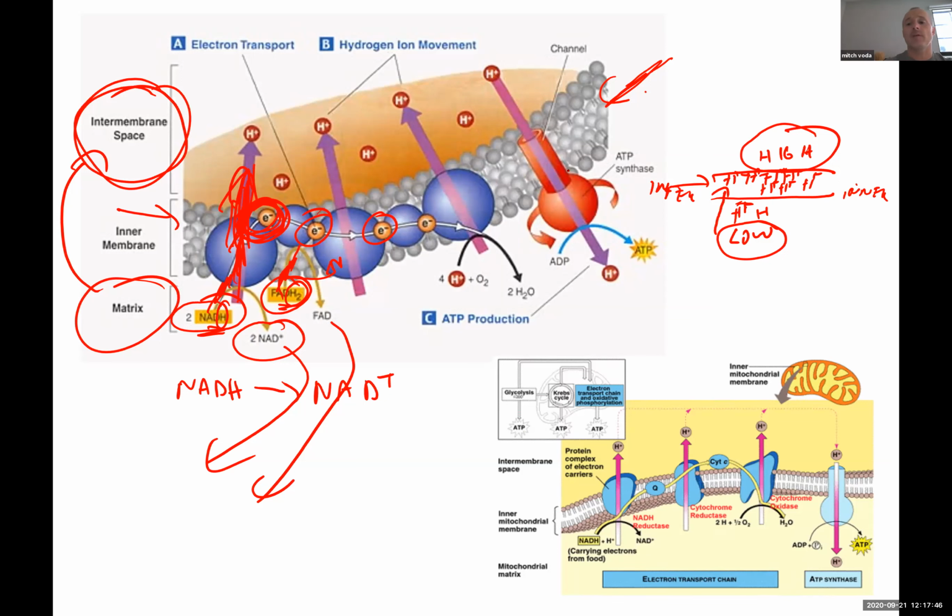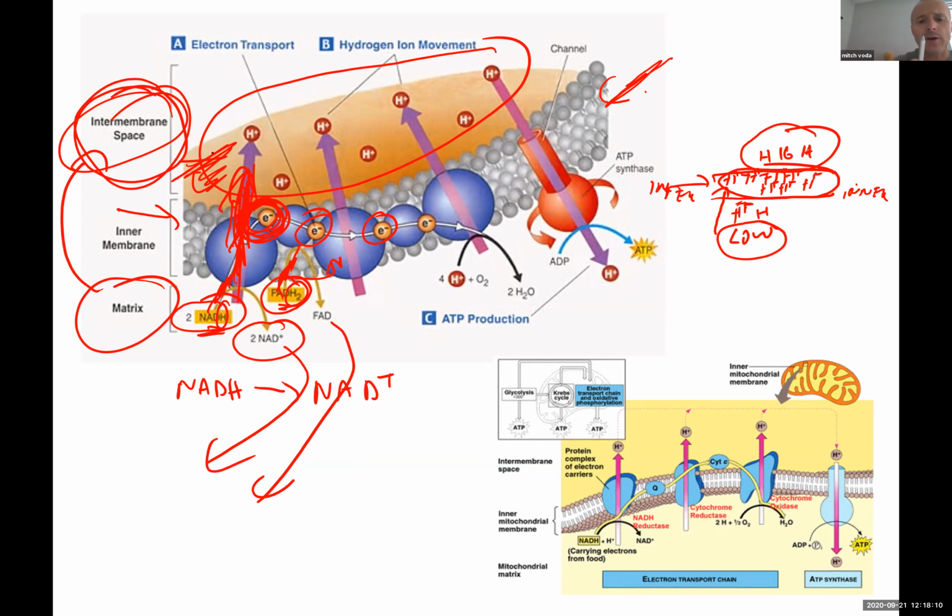As hydrogens end up in the intermembrane space, it creates a really, really high concentration gradient. If you keep building them up there, it's a problem because eventually they become toxic and the electron transport chain will not take place.